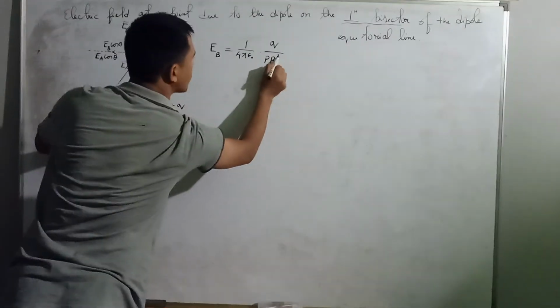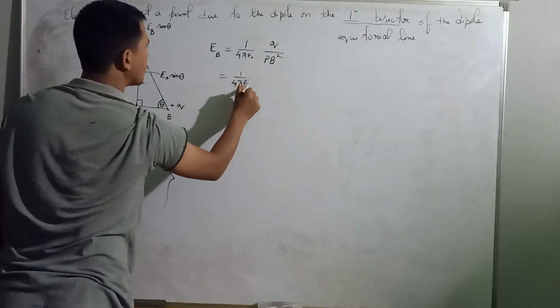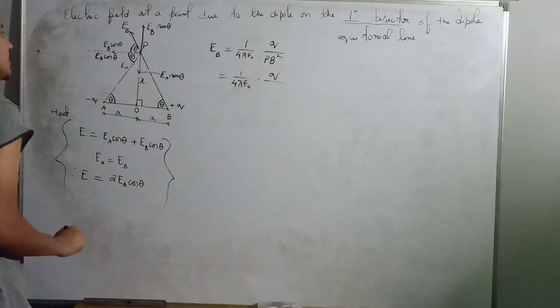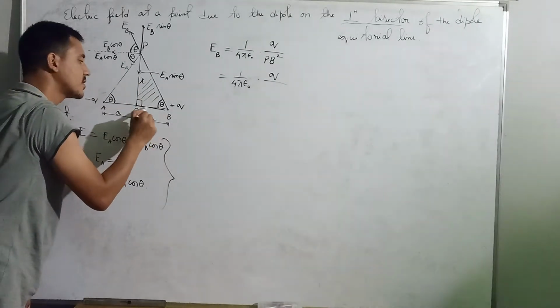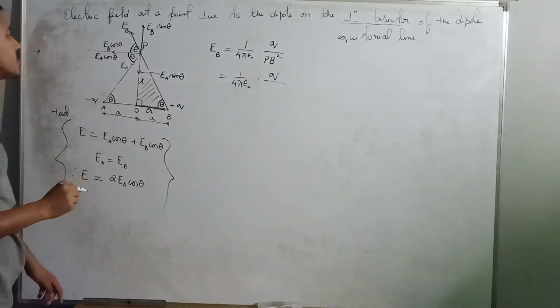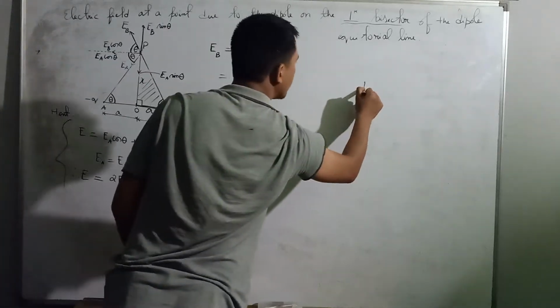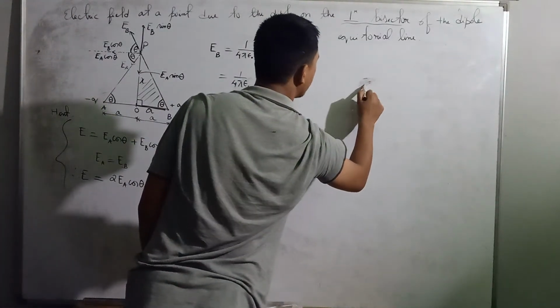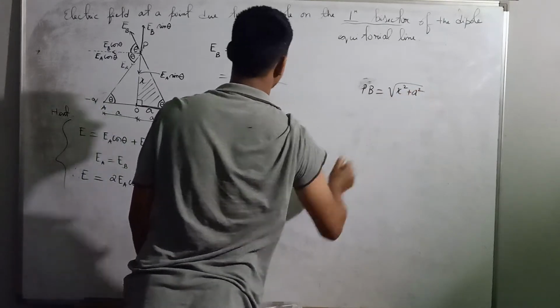So PB square. Then EB will become 1 by 4 pi epsilon naught into Q upon PB square. We can find PB using Pythagoras theorem over this right triangle. This side is A, this side is X. So using Pythagoras theorem, PB will be equal to root over X square plus A square.